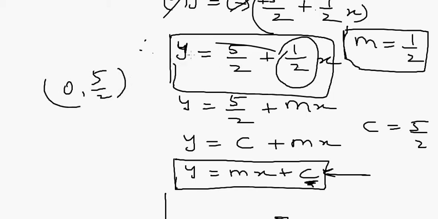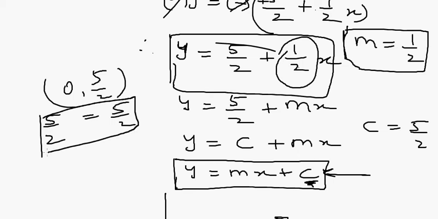So I can put 5 by 2 in place of y and 0 in place of x. So what shall I be getting? Half into 0 is 0. So on the right hand side, we're getting 5 by 2. 5 by 2 is equal to 5 by 2.